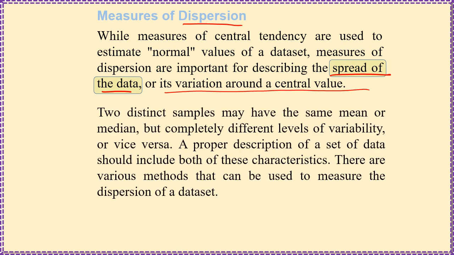Two distinct samples may have the same mean or median, but completely different levels of variability or vice versa. A proper description of a set of data should include both of these characteristics. So we cannot just focus on the central tendency. There are various methods that can be used to measure the dispersion of a data set.